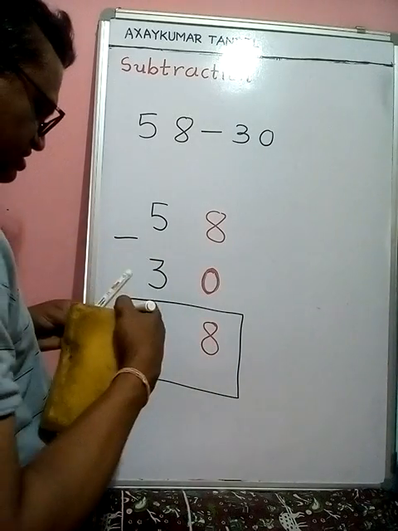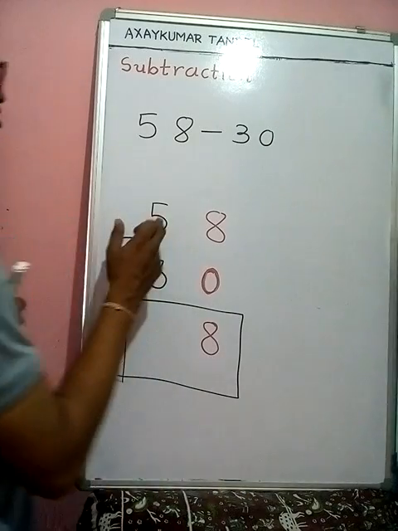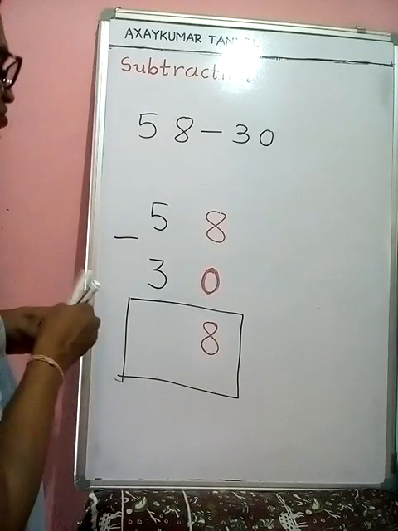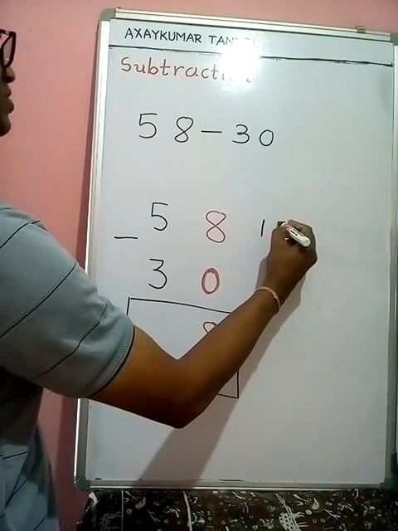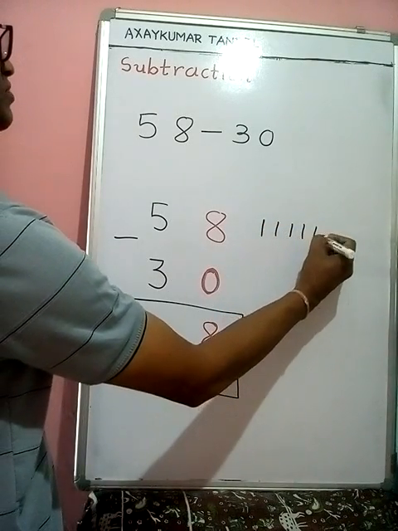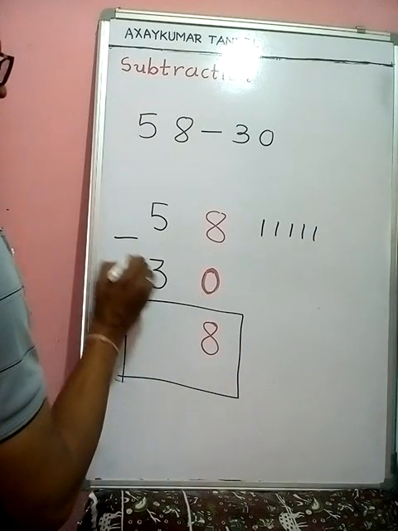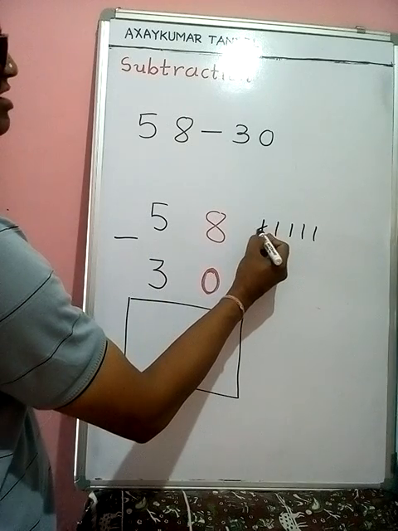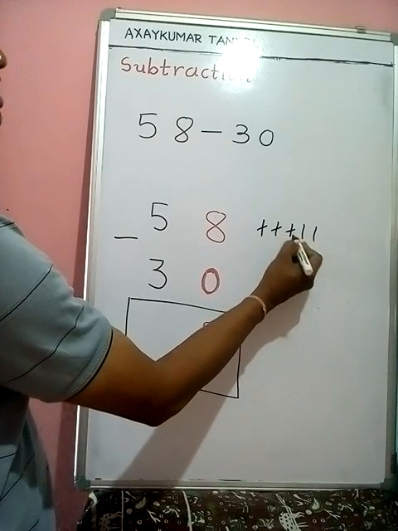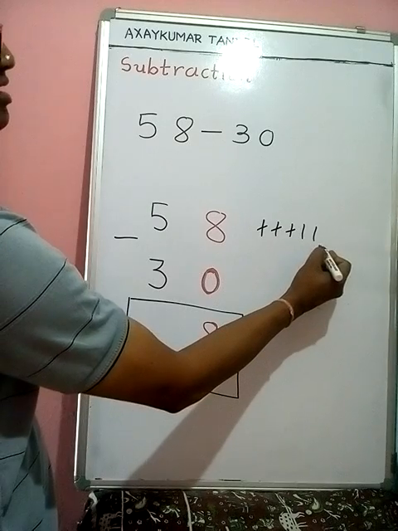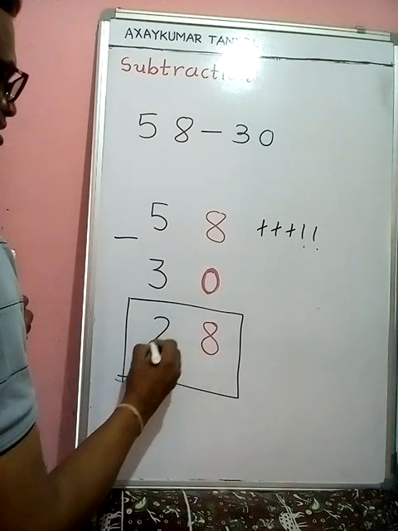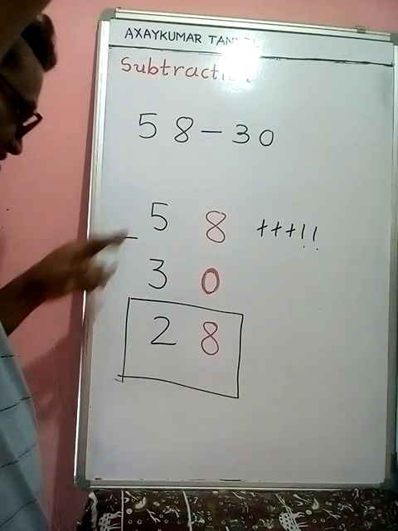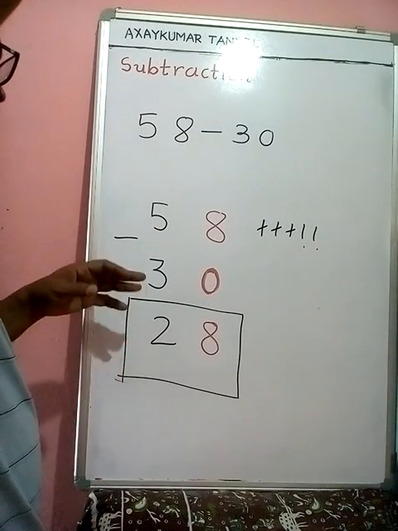Now we subtract the tens line. How many tens? 5 minus 3. Here is 5 tens. We draw 5 lines: 1, 2, 3, 4, 5. Minus 3. How many cutting? 3 cutting: 1, 2, 3. How many saving? 1, 2. Therefore the tens subtraction is 2.